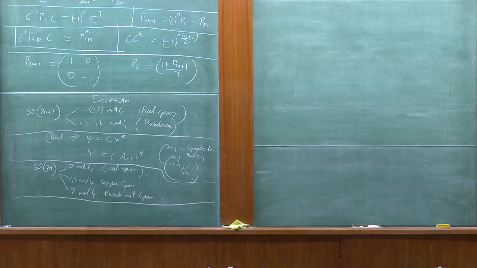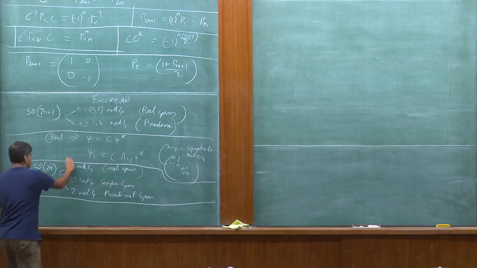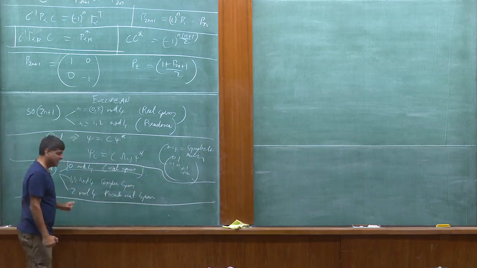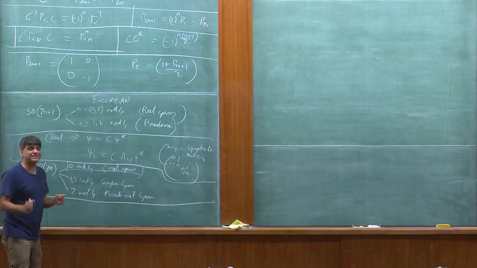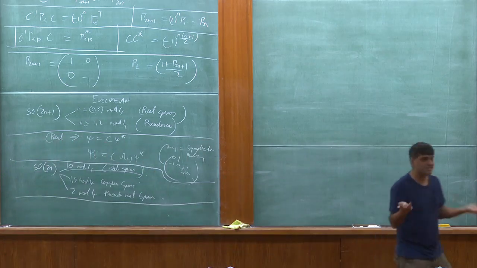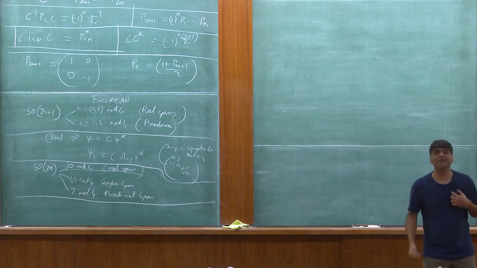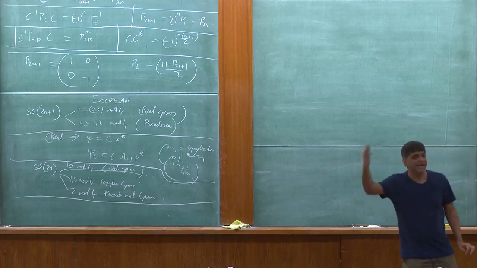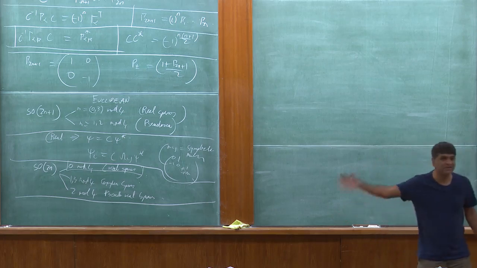That is the even case with real spinors, which only happened in 0 mod 4. In some sense this was the nicest dimension for spinors, the one in which you could impose a maximum number of conditions. 0 mod 4 means SO8, SO16, SO24, SO32.